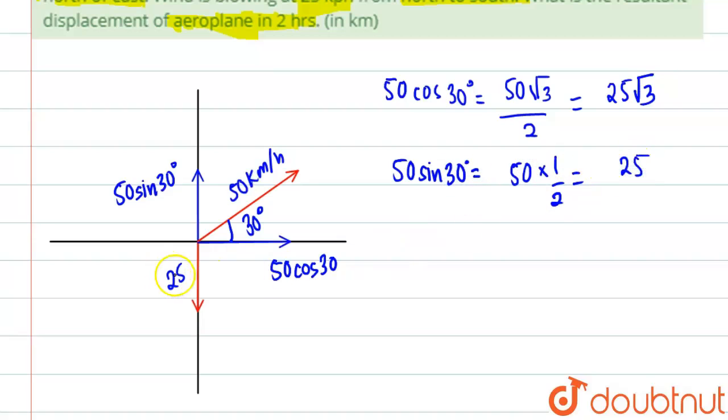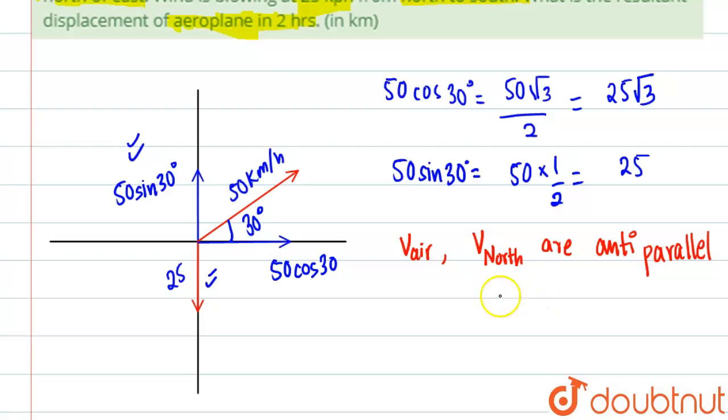So if you see properly, this vector and this vector are anti-parallel. The velocity of air and the north component of velocity are anti-parallel. Anti-parallel means opposite in direction and equal.